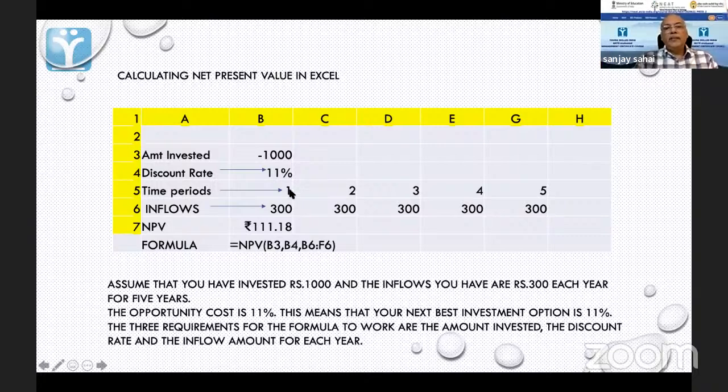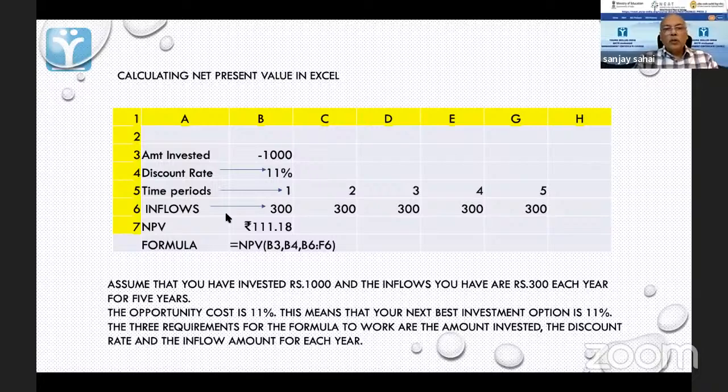So essentially, what I said in the beginning, what I'd like you to do is do this in Excel, keep changing this rate and keep seeing how this figure changes. You'll find that in Excel, if this figure is a negative figure, it will appear in red. So the moment it appears in red, you know that you need not make this investment at all. It's a losing proposition.